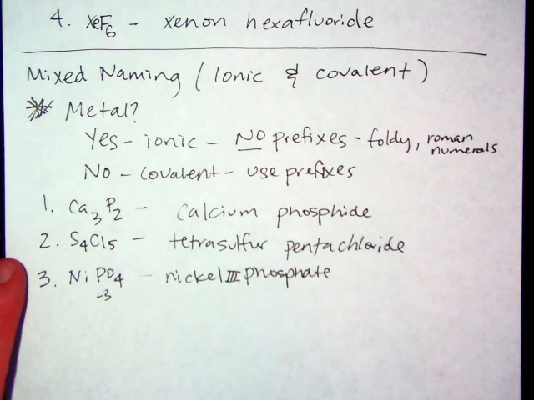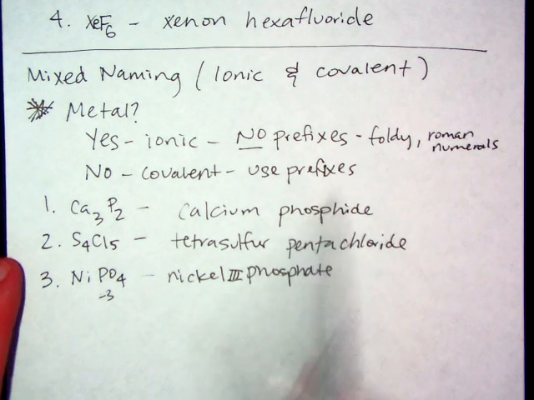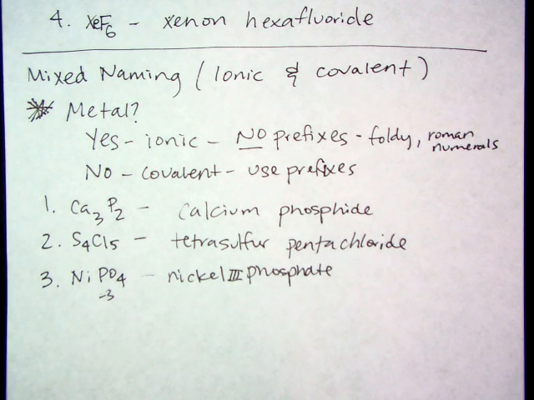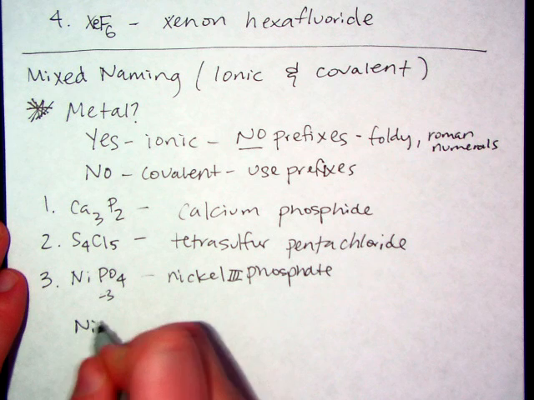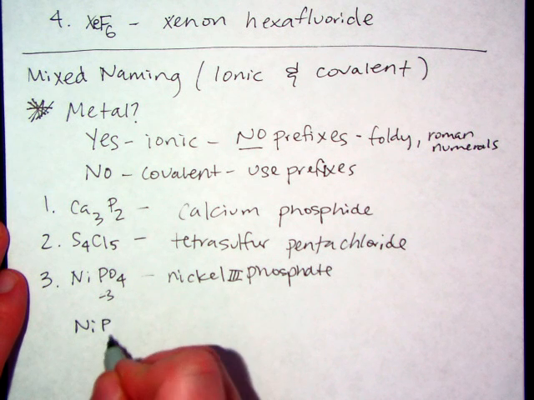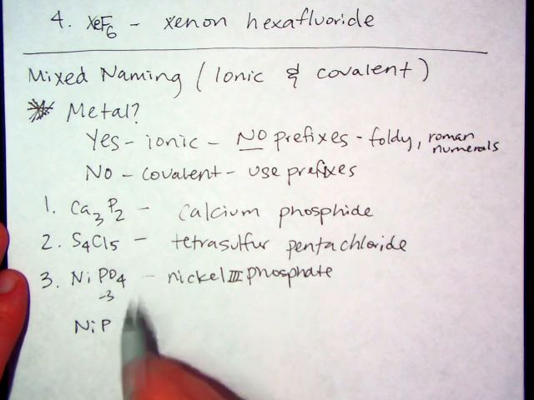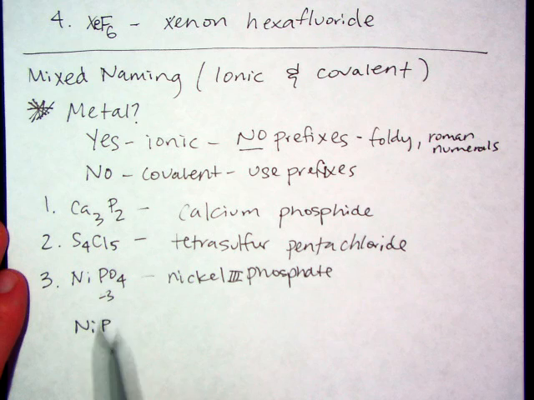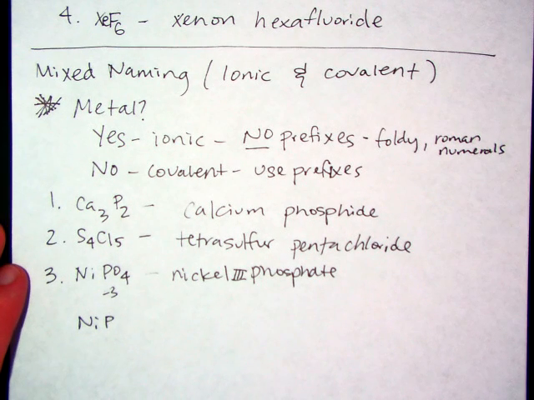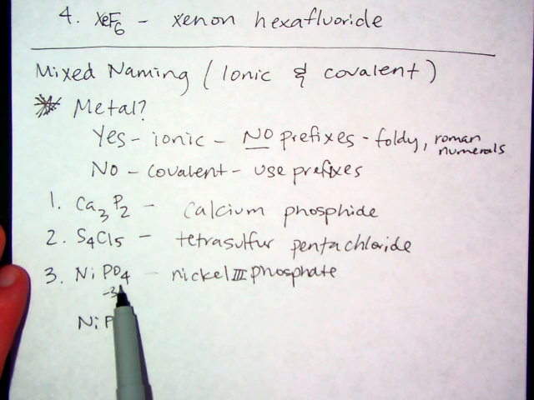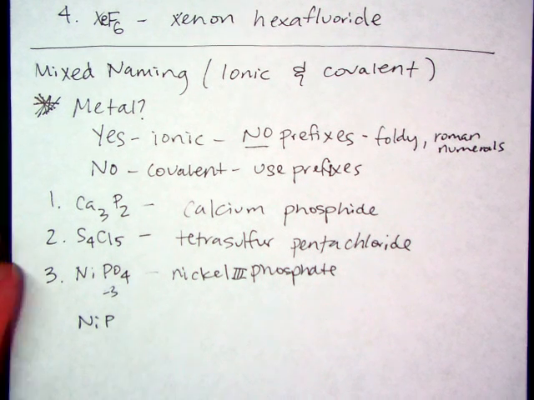So it ends up being nickel(III) phosphate. If you're using Roman numerals, then you're definitely an ionic compound. What about phosphide? PO4 is phosphate. P by itself is phosphide.